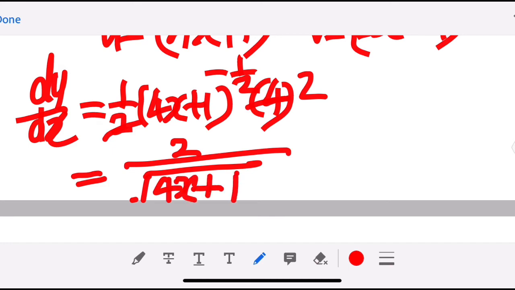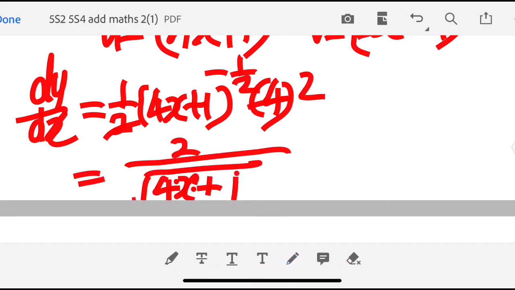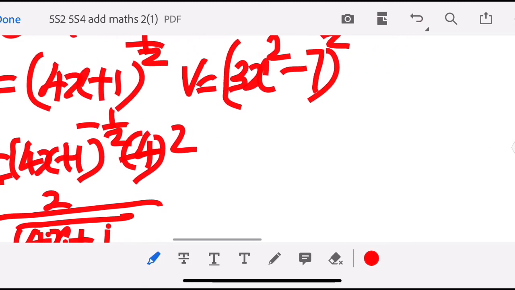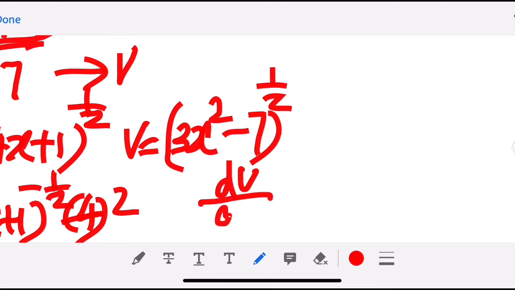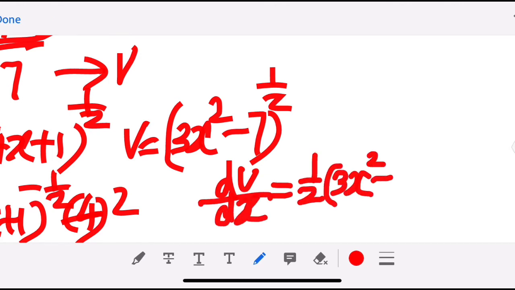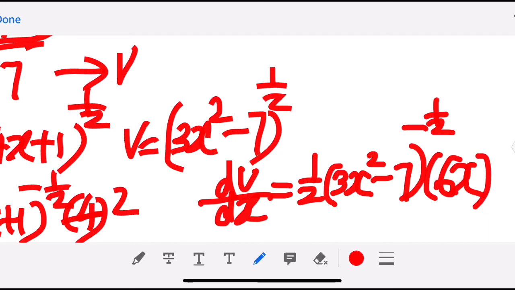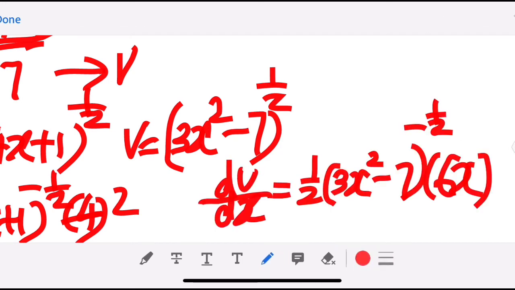So this is du/dx. How about dv/dx? You will get 1 over 2 times (3x squared minus 7) to the negative half, times 6x. Don't forget to differentiate the bracket.